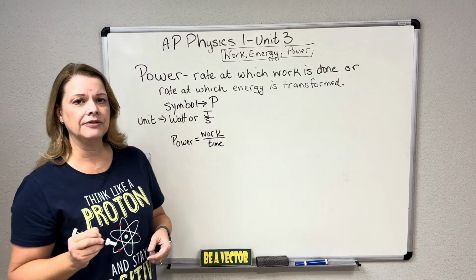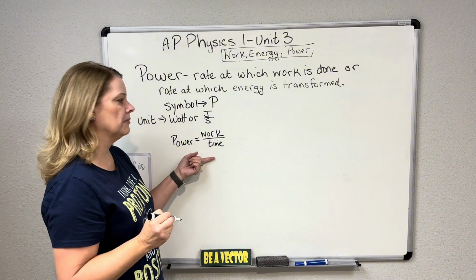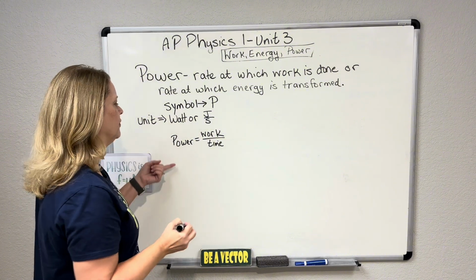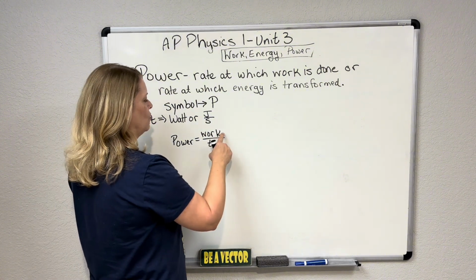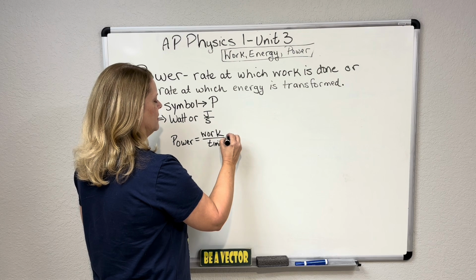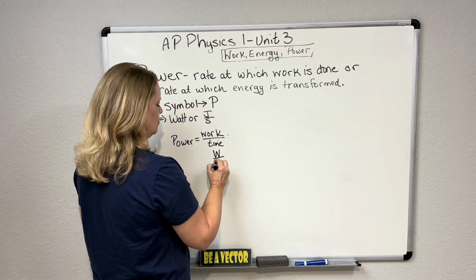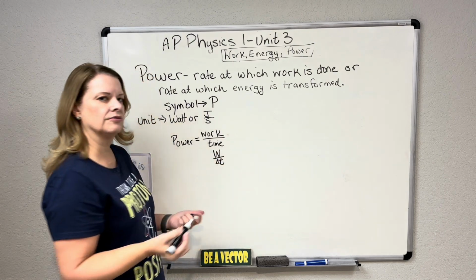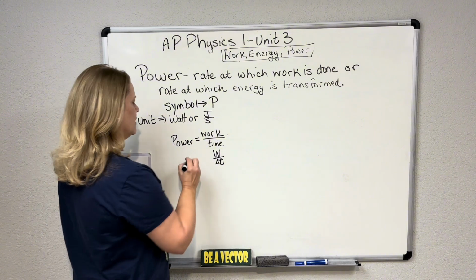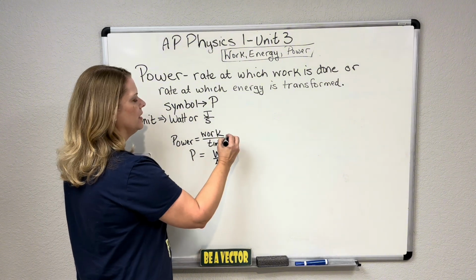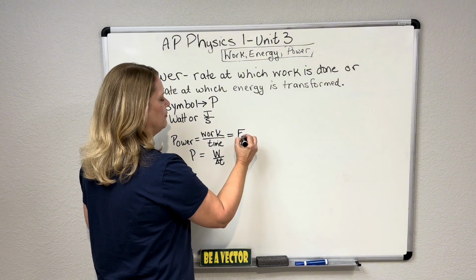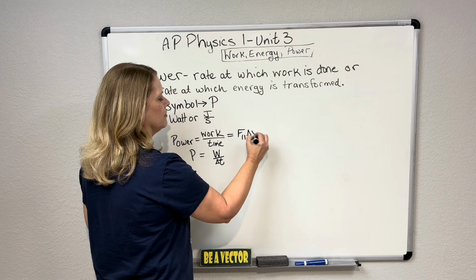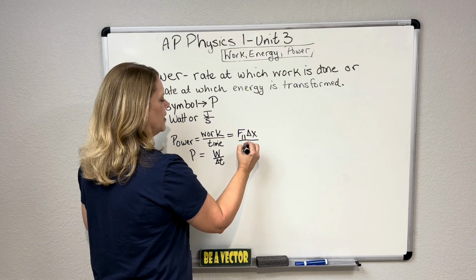These all come out to be the same, actually, when you're talking about SI units, and I'll show you momentarily. Now, you'll often see it as W over delta T, like that, equals power. Work is the force parallel to displacement, times your displacement.